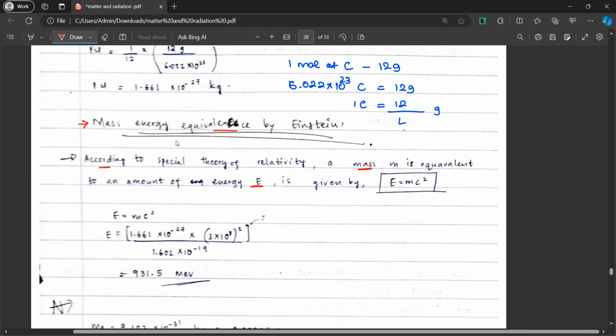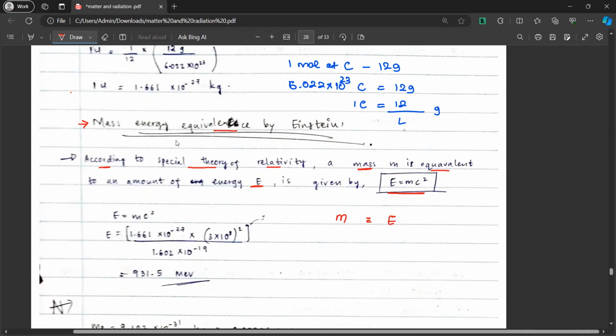And the relationship is given by the famous equation E is equal to mc squared. According to the special theory of relativity, a mass m is equivalent to an amount of energy E.